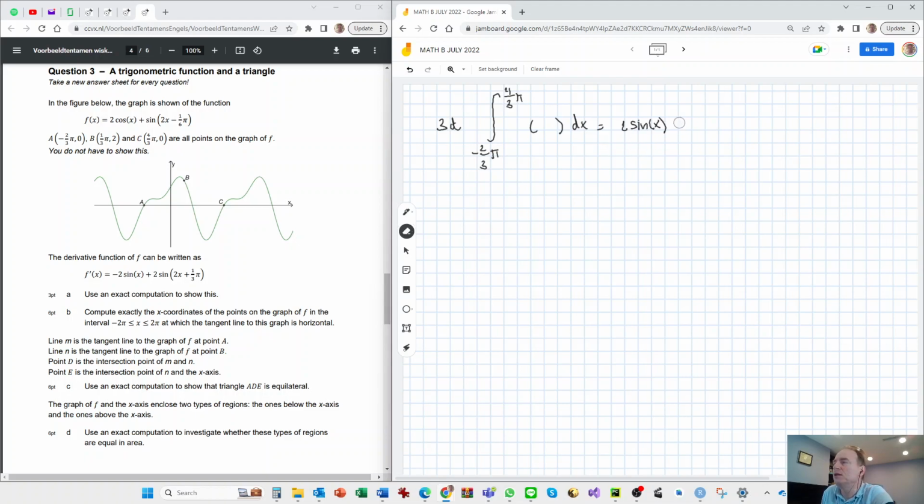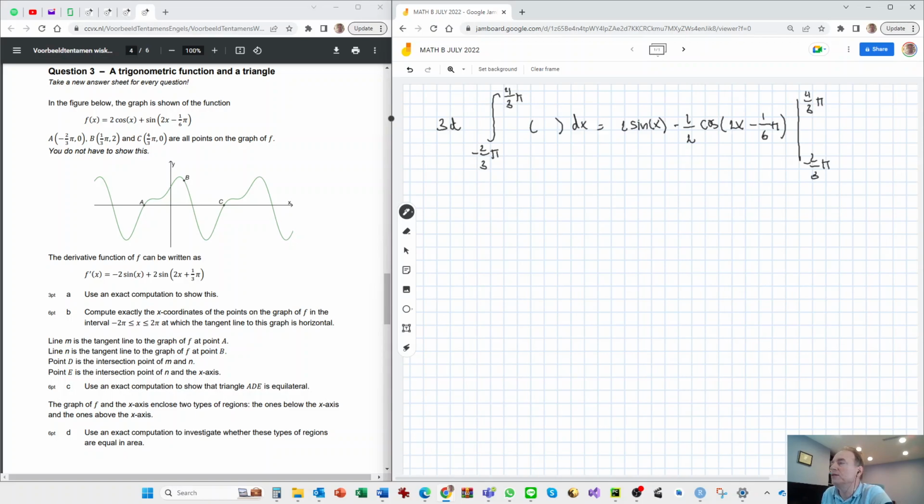So you get a negative 1/2 cosine of 2x minus 1/6 pi, between 4/3 pi and minus 2/3 pi. And just always double check.